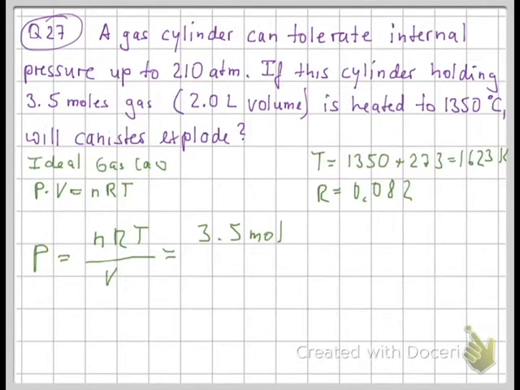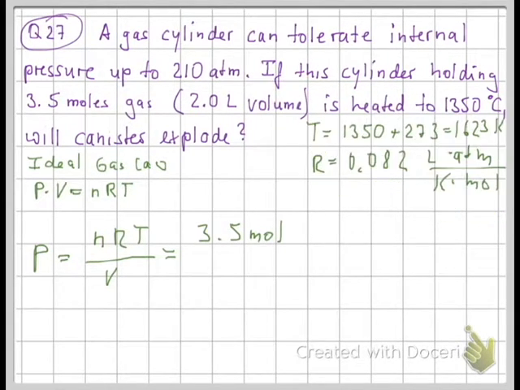All those crazy units is liter times atmosphere divided by kelvins divided by moles. So that's R. Which I suppose I could have written a little easier. Hold on. Alright, I moved it out of the way.